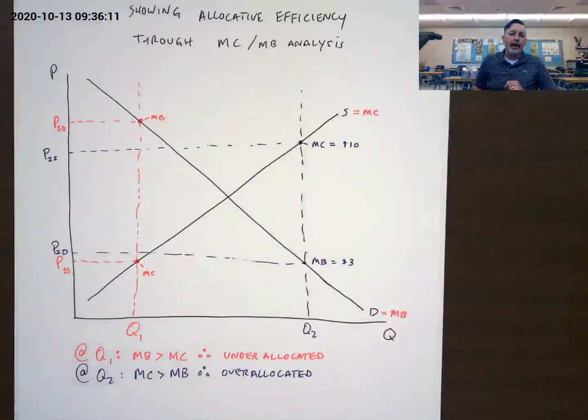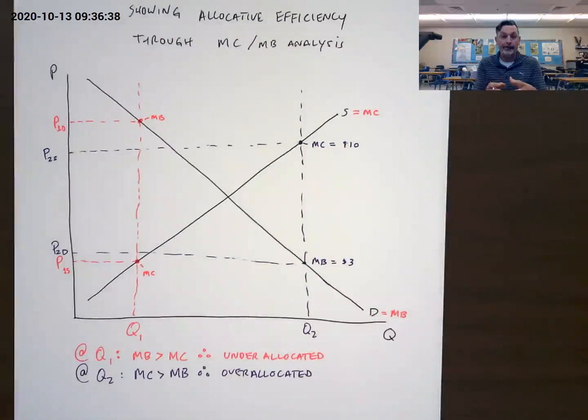Okay. So now, let's take a look at how we can show allocative efficiency. This is a good practice that you can get into where you can show what something isn't in order to show what it is, okay? So we have shown two places that are not allocatively efficient. We've explained why they're not allocatively efficient.